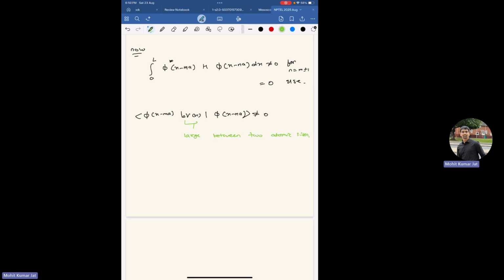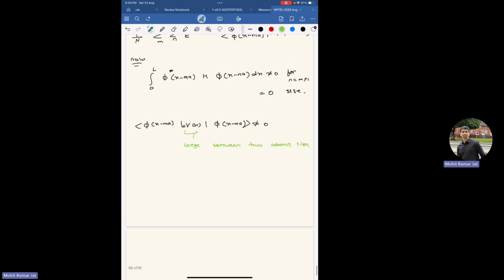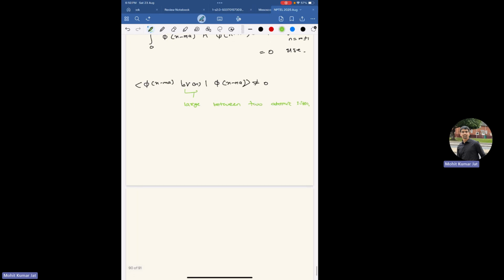Now if you write the nearest neighbor approximation, you define this term for m equals n plus or minus 1 to be the hopping parameter, and that hopping parameter you call t. Okay, let's call it t.